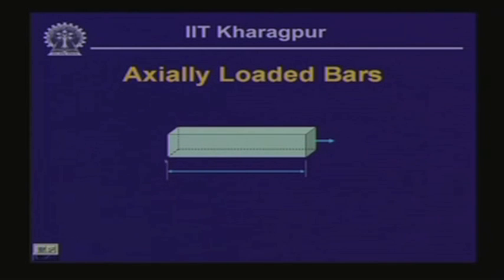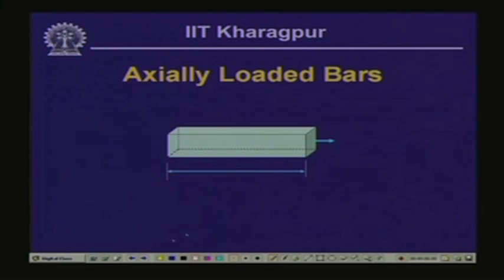Now, for an axially loaded bar, if we are interested to compute the strain, let us assume that this particular bar is fixed at this end, the length of this bar is L and subjected to a pull P.